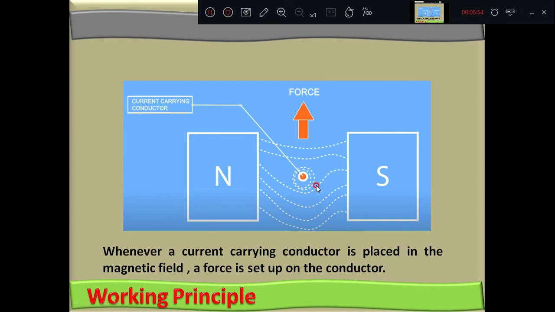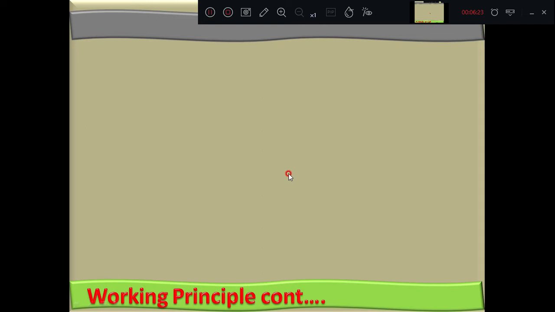Because of that force, the conductor starts rotating. This is how the electrical energy is converted into mechanical energy. Therefore, you can see here the current carrying conductor is placed in a magnetic field. Therefore, there is a force exerted. Therefore, the conductor starts rotating. The conversion of the electrical energy into mechanical energy.